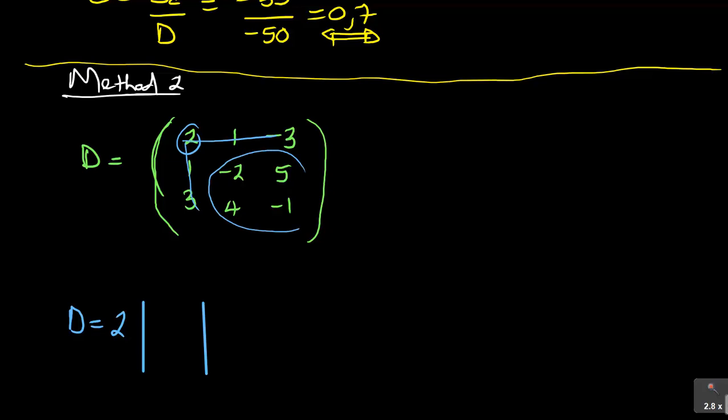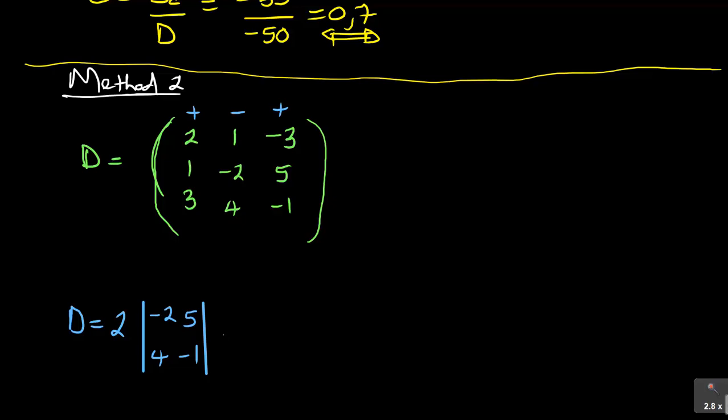What I'm going to write is the remaining 2 by 2: minus 2, 4, 5, minus 1. And remember, it is plus, minus, and plus.